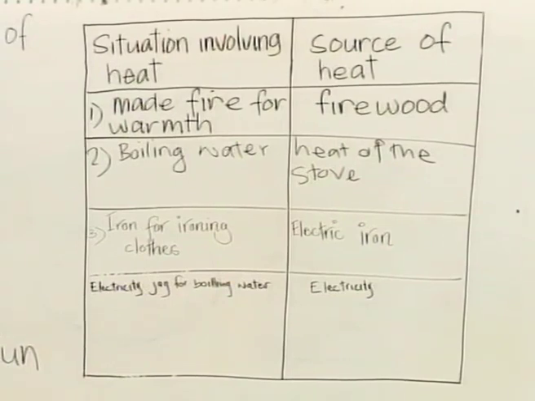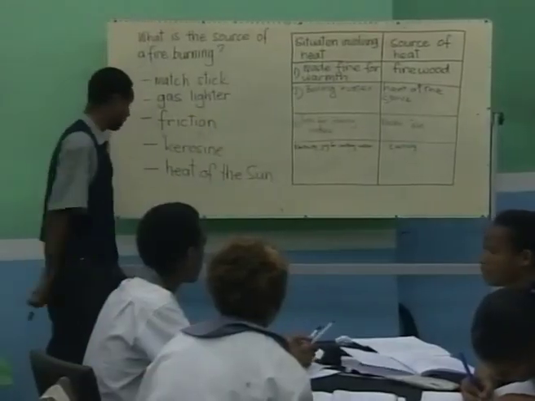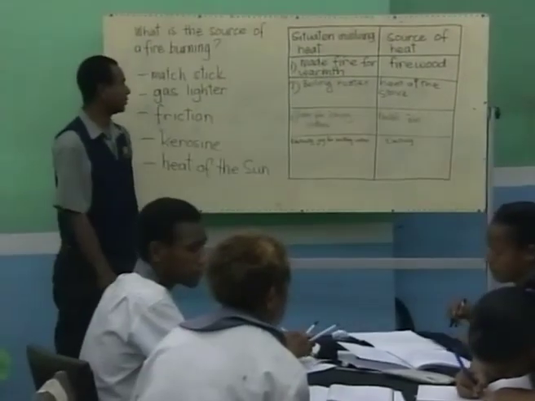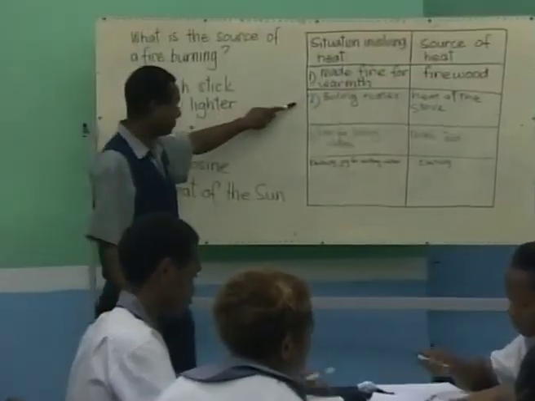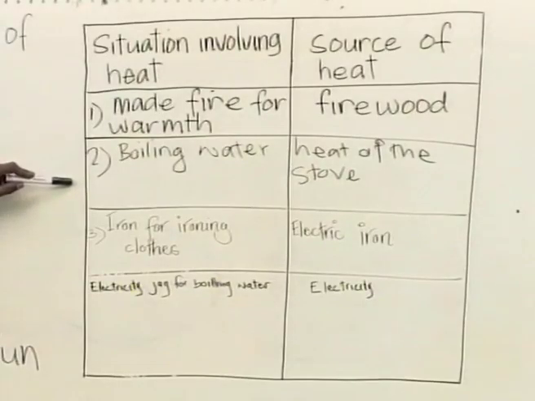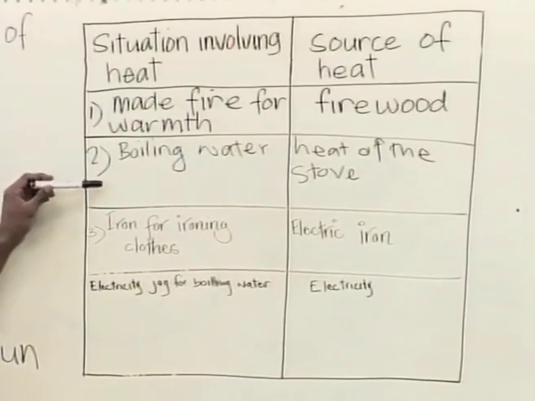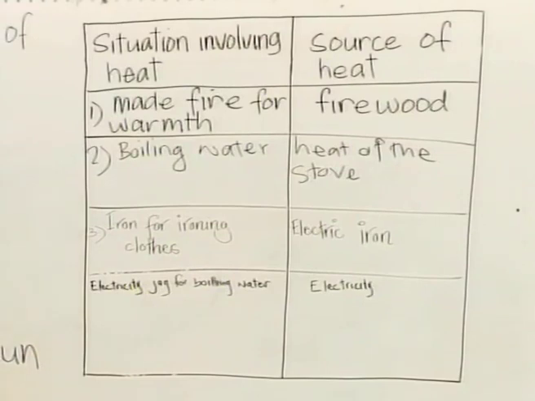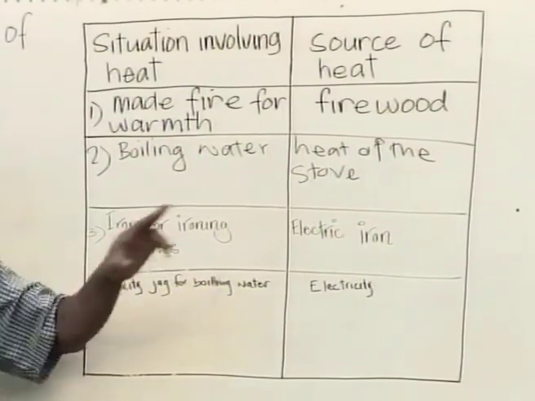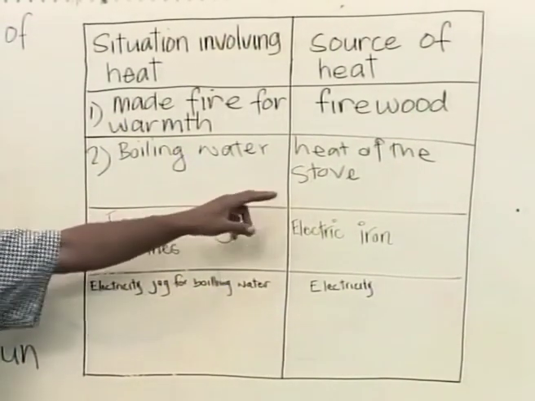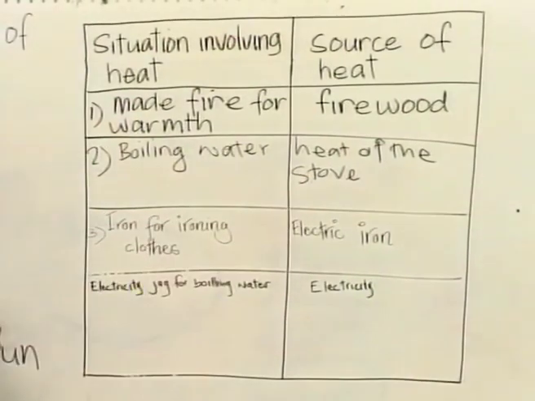Right, thank you to those three students who filled in their scenes. Let's have a look at what they have written. Second one is boiling water, heat of the stove. Boiling water using the stove. So when you use the stove, what do you use?